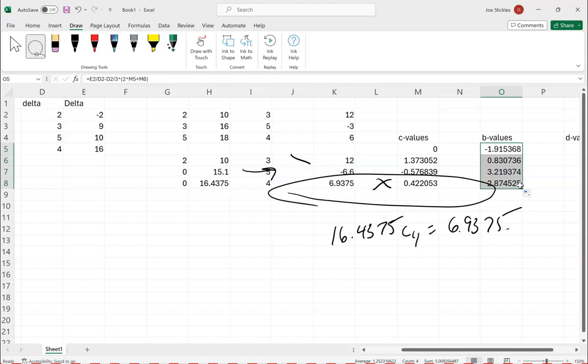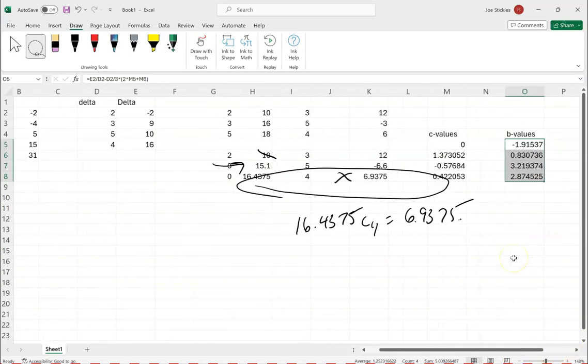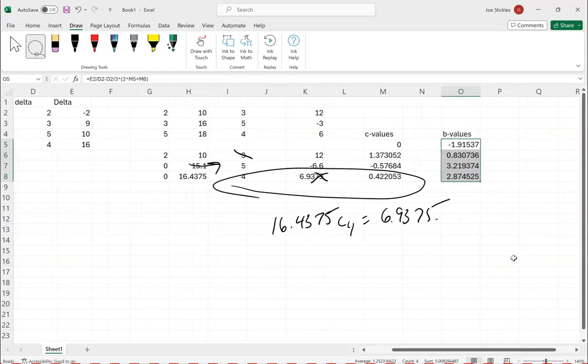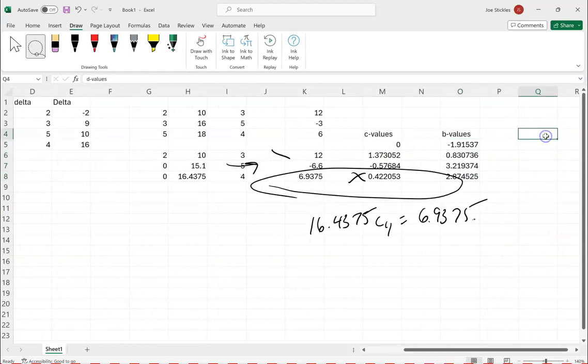Finally, the last one, remember your D's are the difference of consecutive C's divided by 3 times the little deltas, right? So let me just zoom slightly so that we can get this on the, oops, where'd my D values go? I typed that in there earlier.